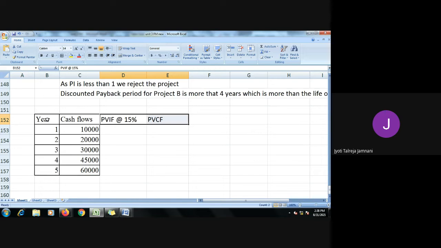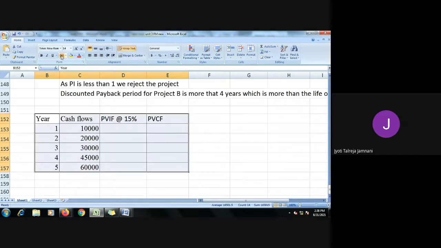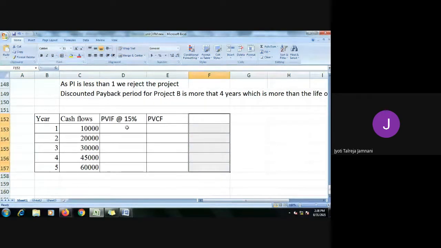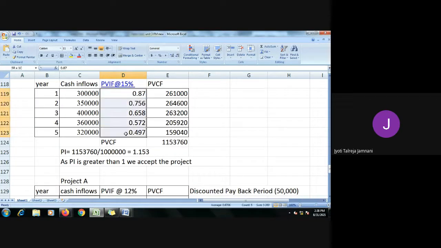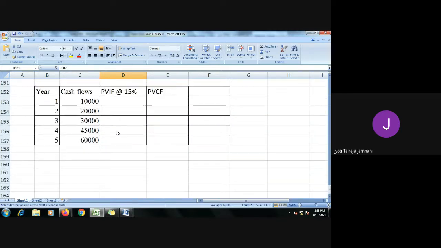They've also asked for discounted payback, so you also create one more column. So at 15% rate, we want till 5 years. In the previous sum, I had it, so I'll take the table values from there itself. Now you can do cash inflows into the present value interest factor to get the present value of cash flows. So 10,000 into 0.870, you get 8,700. 20,000 into 0.756, you get 15,120.